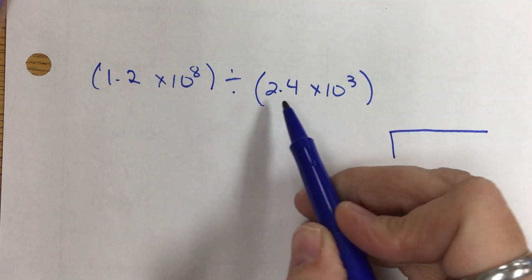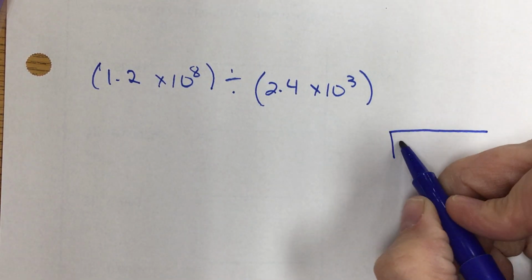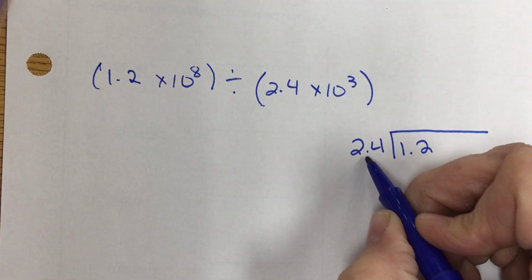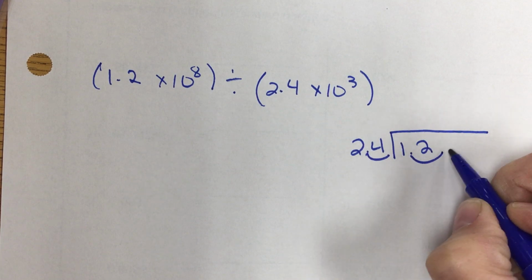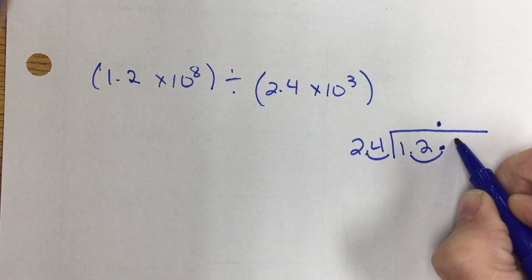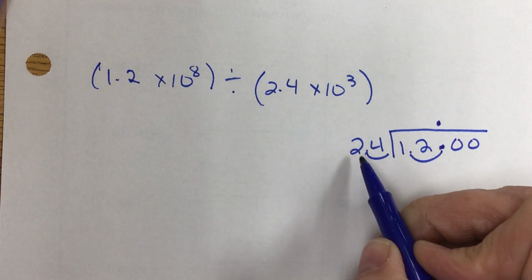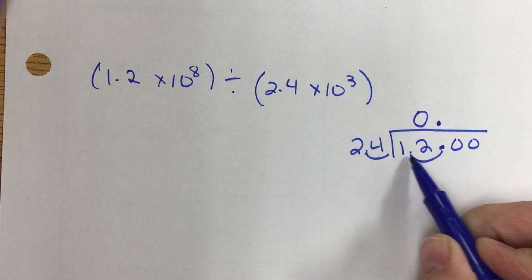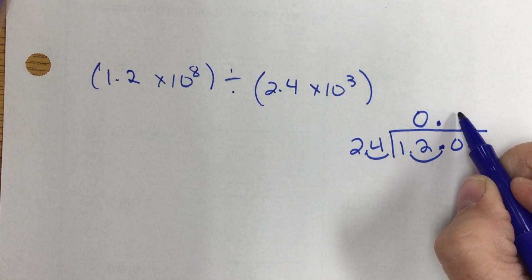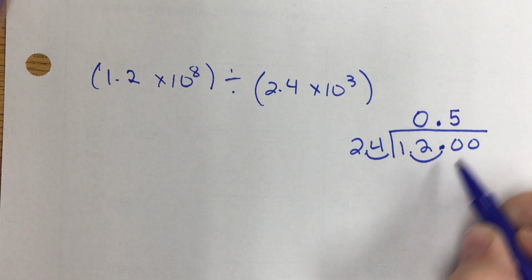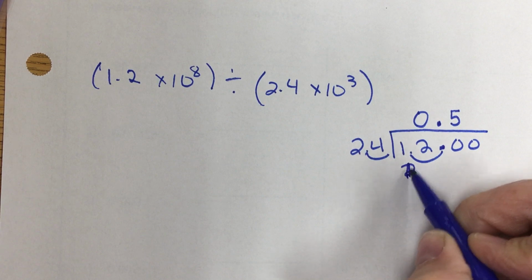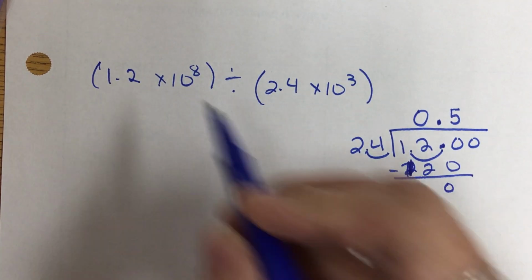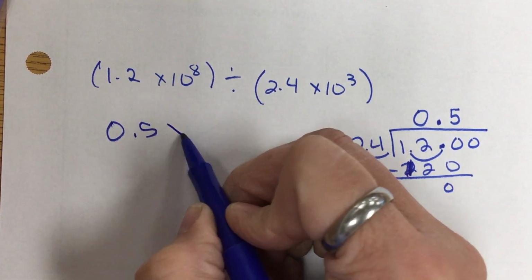It's 1.2 divided by 2.4. 1.2 divided by 2.4. I move my decimal over, I move my decimal over. Put a decimal point, add a couple zeros. 24 goes into 12 0 times. 24 goes into 120. Guess, 5 times. It's, oops, sorry about that. Exactly 120. So I get 0.5 times 10.